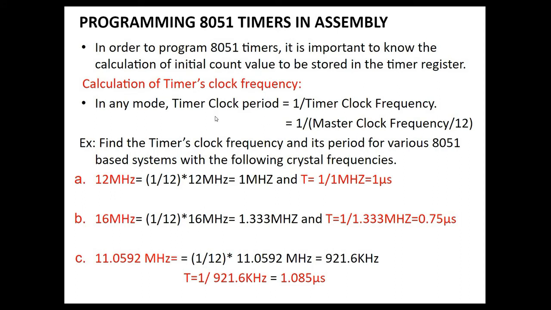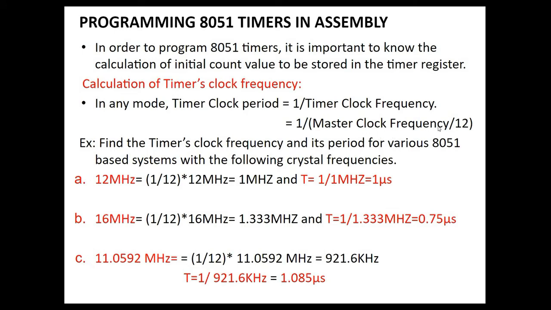In any mode the calculation of the timer clock period is the same. The timer's clock period is equal to 1 over the timer clock frequency. Here the timer clock frequency is the master clock frequency divided by 12, and we have already discussed this in the I/O port programming.